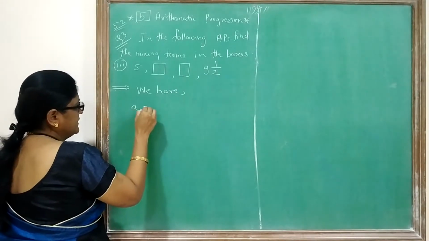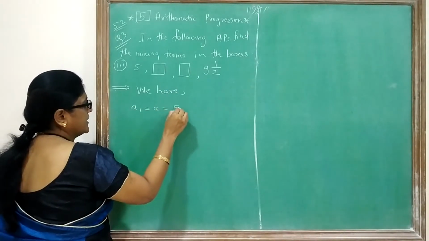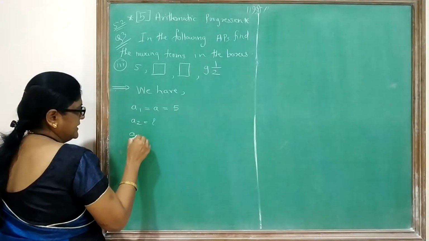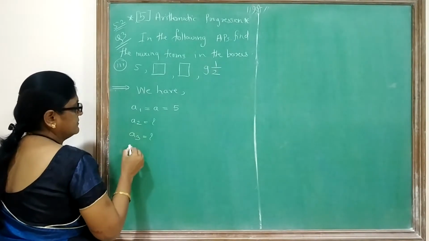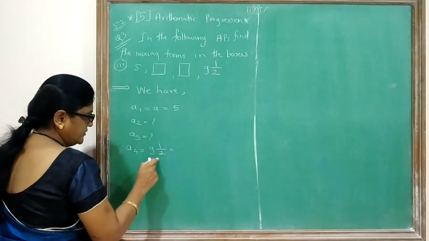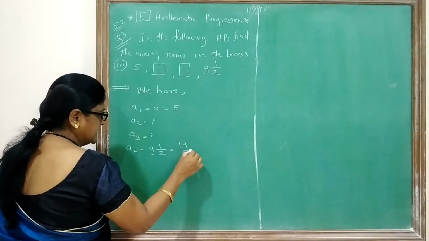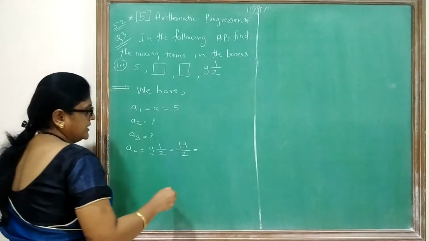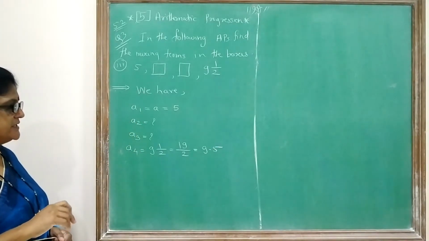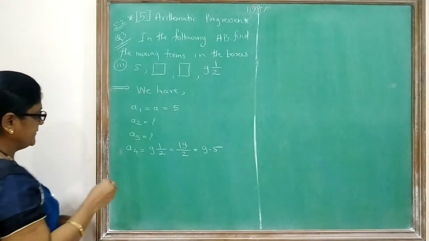A1 equals A equals 5. A2 equals what? Question mark. A3 equals what? Question mark. And A4 equals 9 1 half, that is 9 2s are 18 plus 1, that is 19 by 2, which is 9.5.